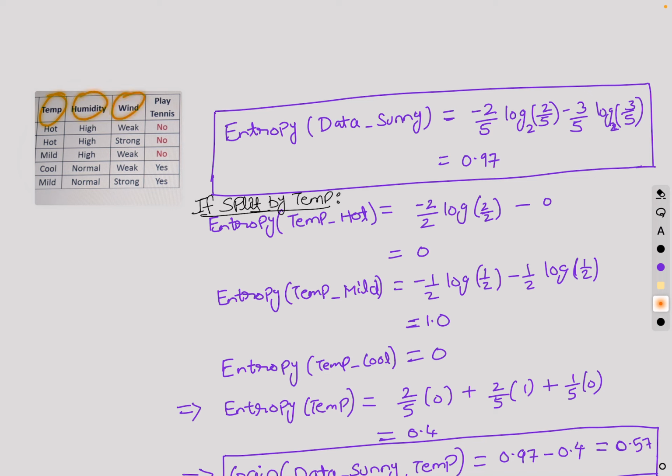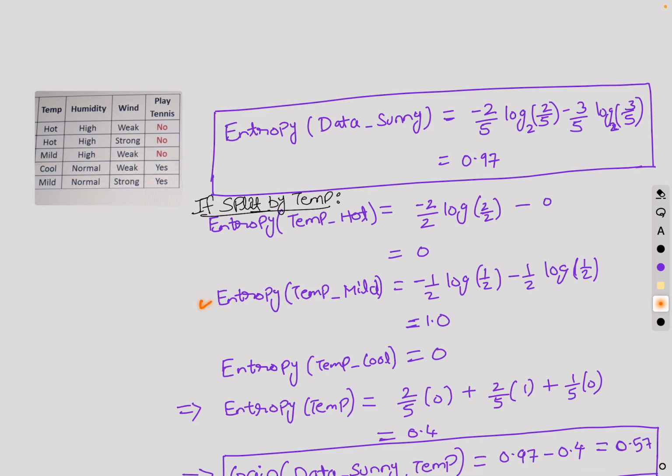Now I can split the data based on temperature, humidity, or windy. Let's say what happens if I split the data based on temperature. I have 3 options, that is, I get 3 subsets, when the temperature is hot, mild, and cold. When it is cold, I have only one record, and that record belongs to class yes. So in that case, as per the formula, the entropy is 0.